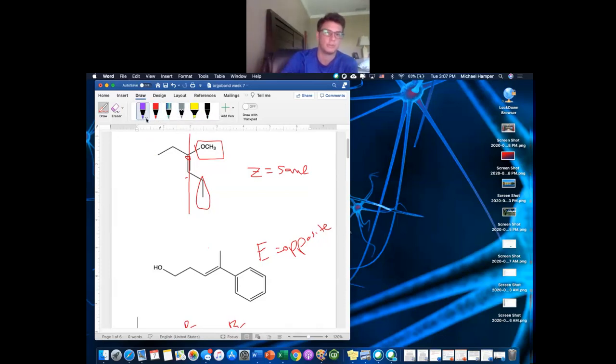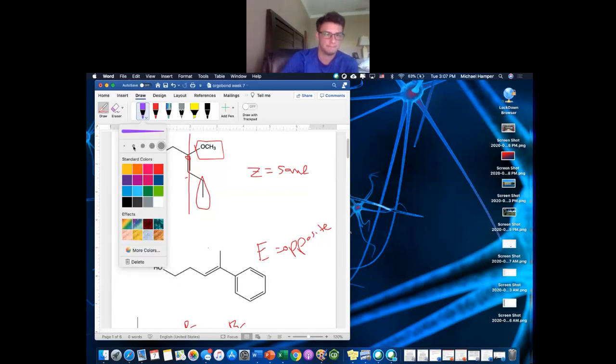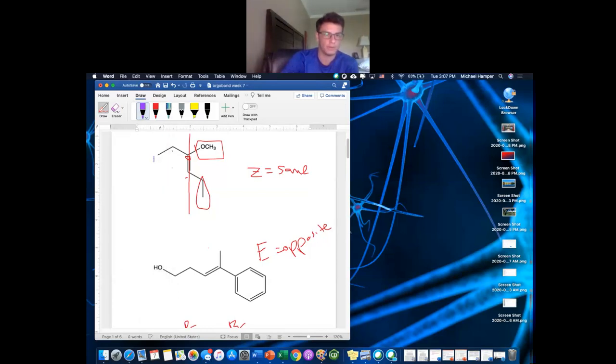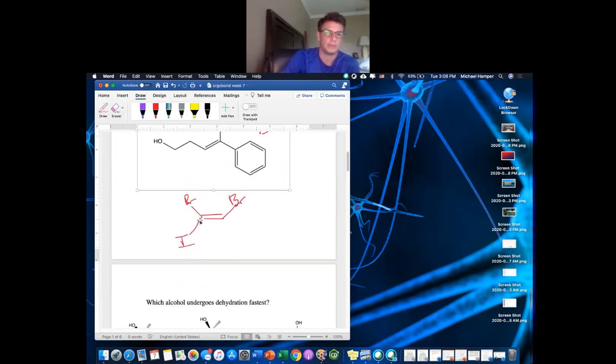So let's do this. 1, 2, 3, 4, 5, 6. Here we have a hexene because of this double bond, the suffix changed to an ene. And we have this methoxy on the third carbon, and our double bond is on the third carbon as well.